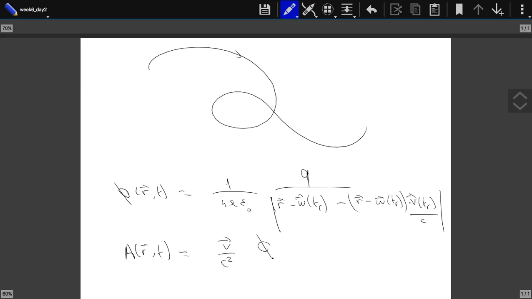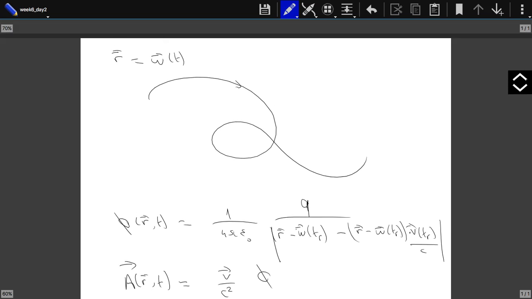Basically this c squared is nothing but 1 over mu epsilon 0. Epsilon 0 cancels this epsilon 0, and we have mu times j creating this vector potential. And once you know the scalar and the vector potentials, in principle, you just take the derivatives and calculate the electric and magnetic fields from these expressions.